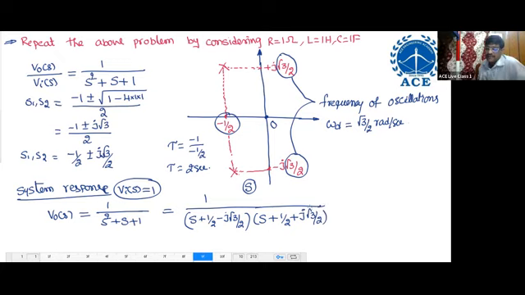That equals 1 by (A minus jB)(A plus jB), meaning A square plus B square, so (S plus 1 by 2) whole square plus (root 3 by 2) whole square. Then find the inverse Laplace transform. Next page.